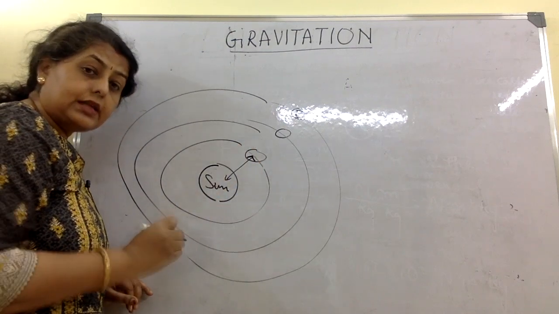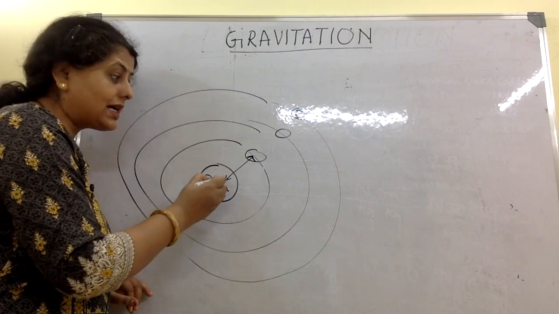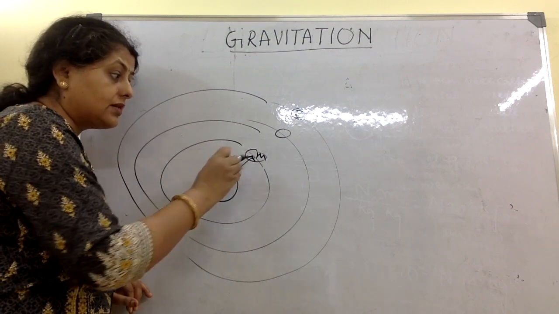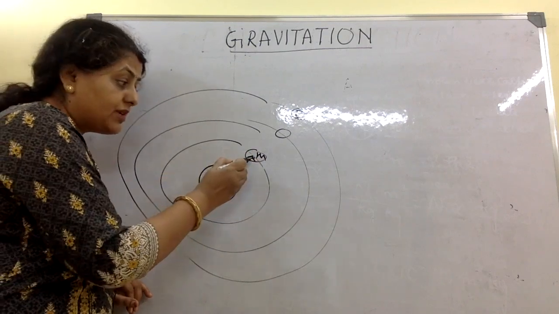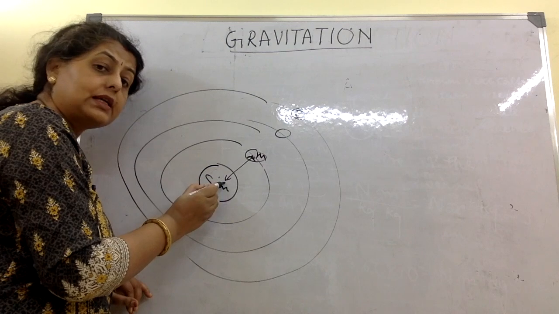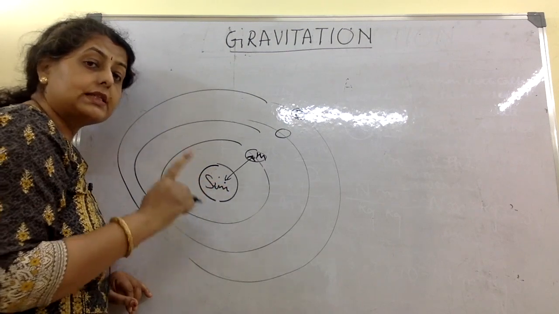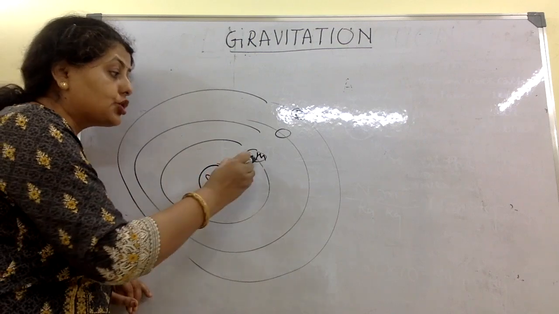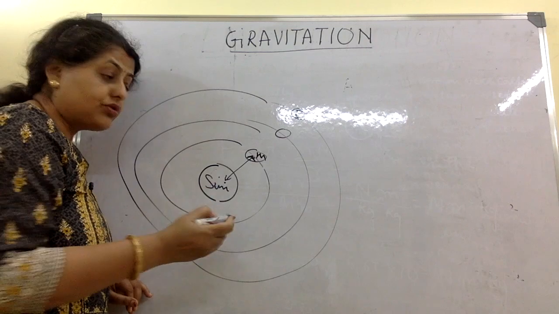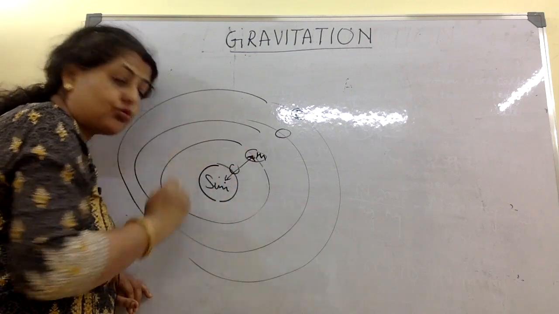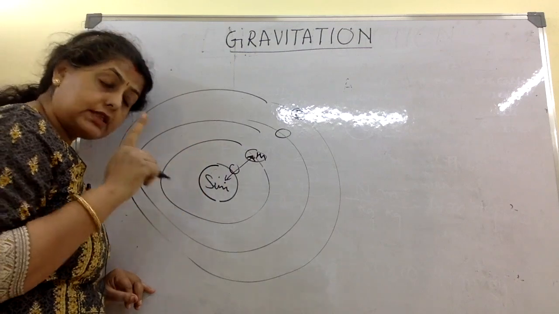Now the sun is the bigger one, so the force that it exerts on the first planet is more. The planet, being small, is not able to pull the sun that much. There is a force, but it is lesser. So the smaller one goes around the bigger one. The smaller one doesn't come and stick to the bigger one, because it itself has some force, even if it is less.